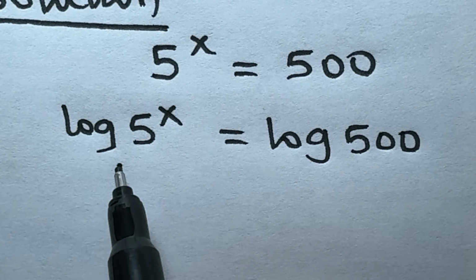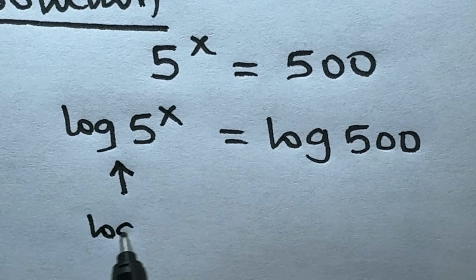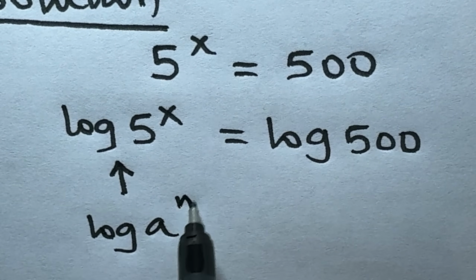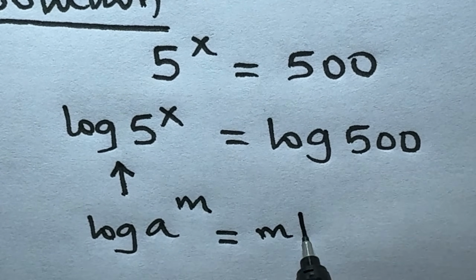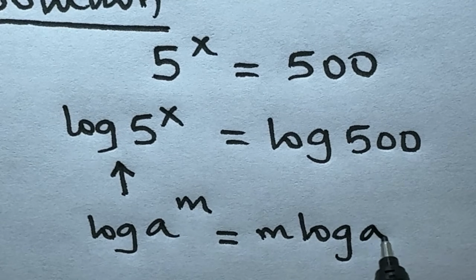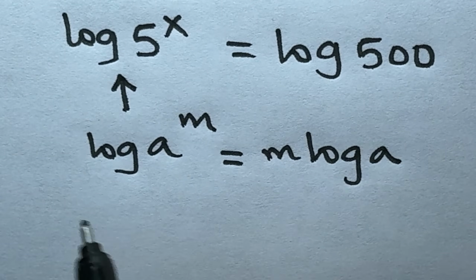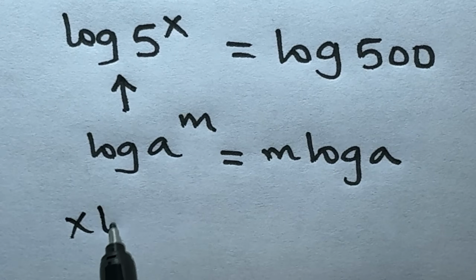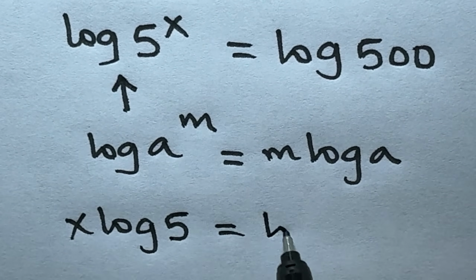The expression here, log 5^x, is of the form log a^m, and by law of logarithm, this will give us m log a. So this equation becomes x times log 5 is equal to log 500.